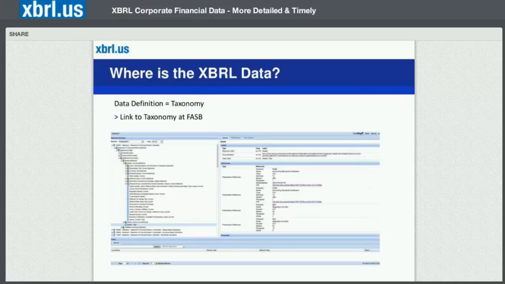You can see here a view of the data dictionary that's provided by FASB. This is available at the FASB website, and this is interactive. You can go and look at it, and see this is all the data that potentially can be tagged and is available in an XBRL format.